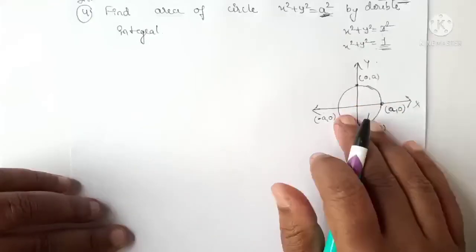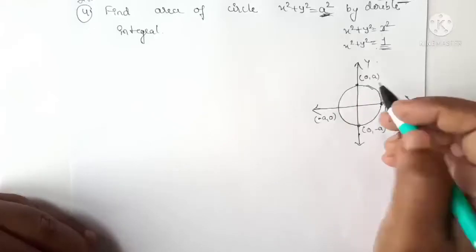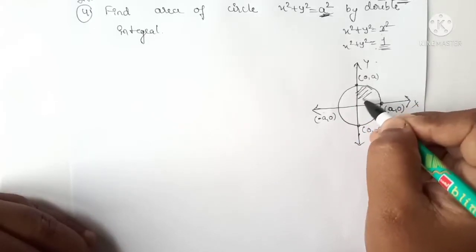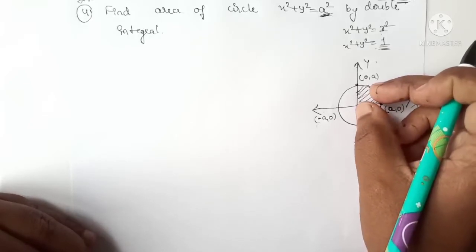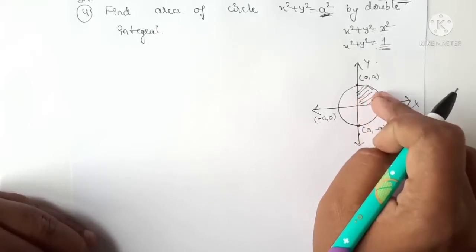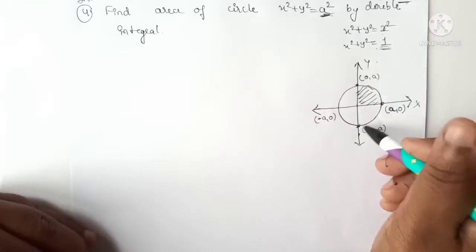Instead of considering this whole circle, we simply consider the circle in the first quadrant. If you find the area of this one, then we multiply this area by 4. Or you can take the whole circle also.